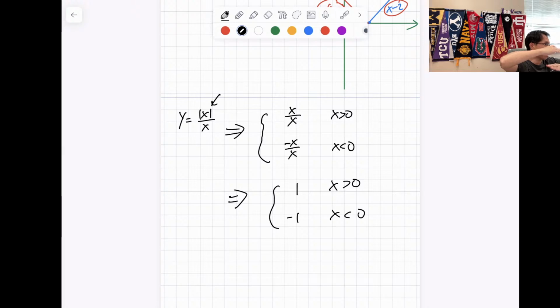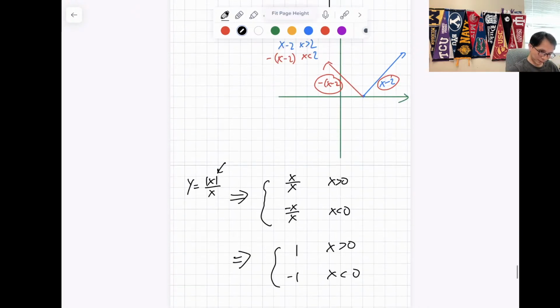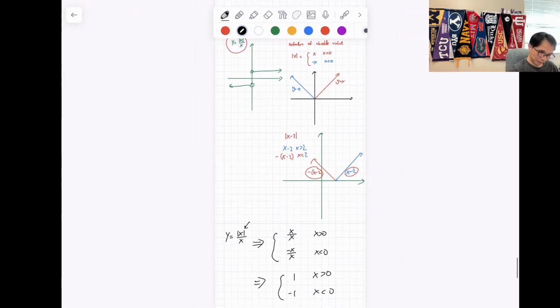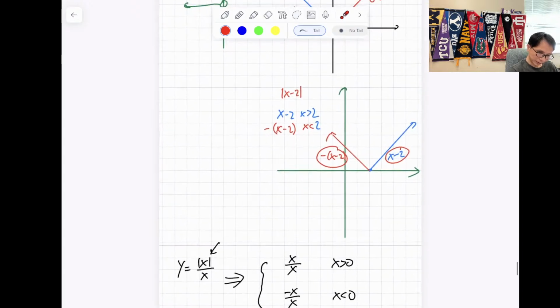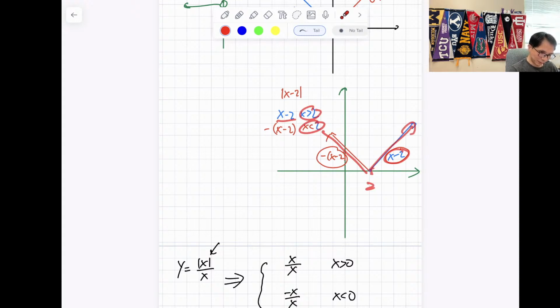Let me know if I'm going too fast. Is this okay? Can you go back? Yes. Negative, and then parentheses x minus 2. So this is x minus 2, and when x is greater than 2, because this is 2, greater than 2 is this side. X less than 2 is going to be this side, the negative version of x minus 2.